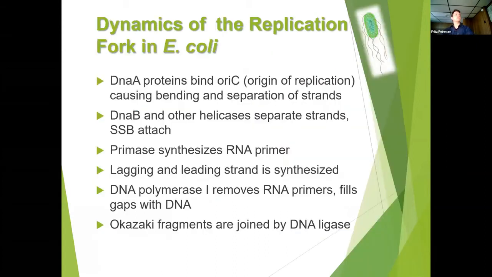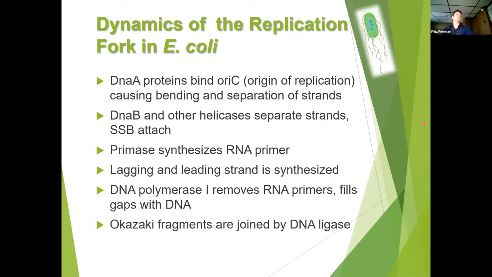So the dynamics of this replication fork. Firstly, DNA A proteins bind to the origin of replication. And this DNA A protein is a protein that activates the initiation of DNA replication in bacteria. And it causes these strands to bend and to start separating.